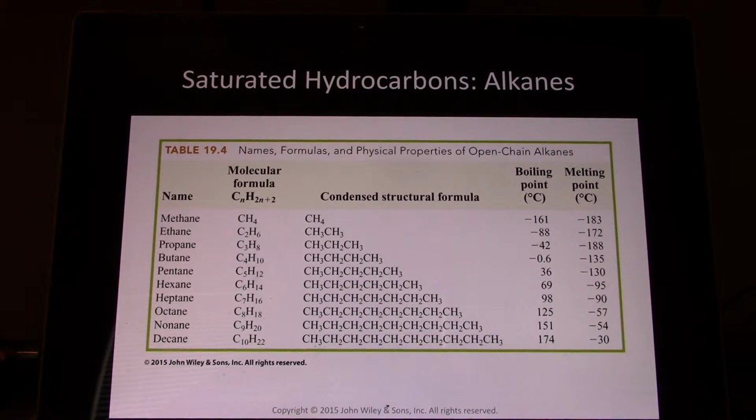And in every case, the formula is the number of carbons times 2 plus 2. So 1 times 2 plus 2 is 4, CH4. 2 times 2 plus 2 is 6, C2H6. 3 times 2 plus 2 is 8, C3H8. 4 times 2 plus 2 is 10, C4H10. 5 times 2 plus 2 is 12, C5H12, and that is true for the rest of them.